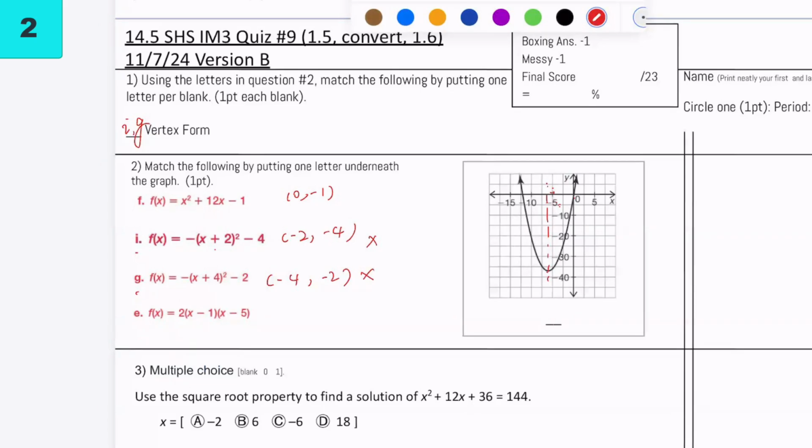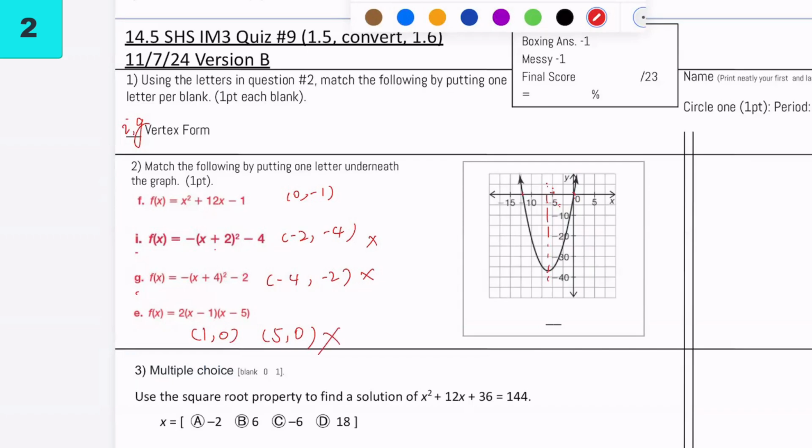And then look at the last one, the factor form, right? Factor form tells us information about the x-intercepts, the roots. So the roots here are (1, 0) and (5, 0), because the roots are when x minus 1 is equal to 0, or when x minus 5 is equal to 0, right? But look at those two roots. This root seems like 0, or this root seems like -14 something.